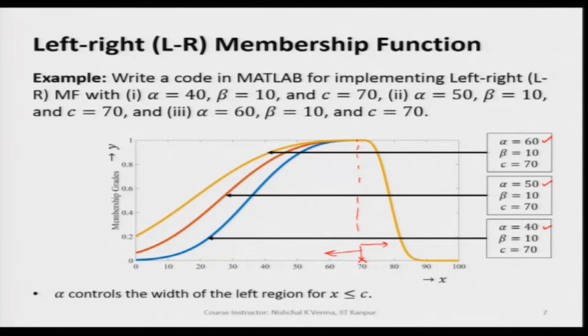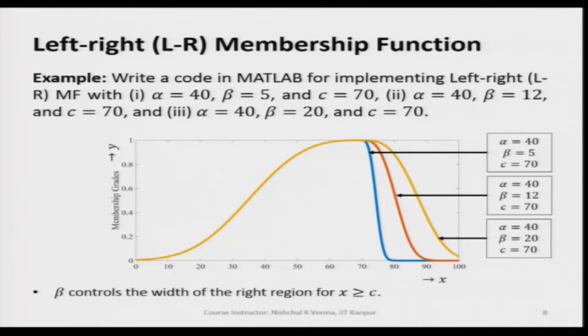So, alpha is responsible for the change in the shape on the left side. Now in the other example, we see that C remains the same in all the three examples, and alpha remains the same, see here 40.